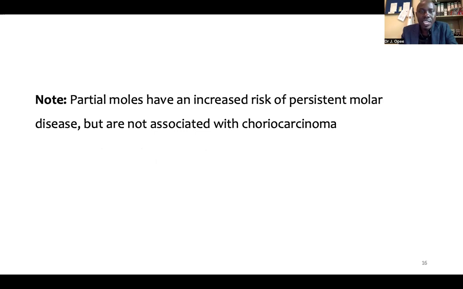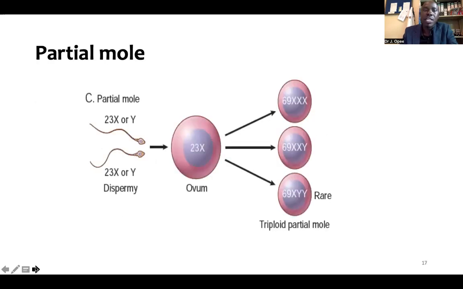Now, sometimes partial moles have some level of increased progression into other persistent molar lesions, but not normally associated with choriocarcinoma. So the likelihood is very low, and it's not been associated mainly with choriocarcinoma. It's only the complete hydatidiform mole.